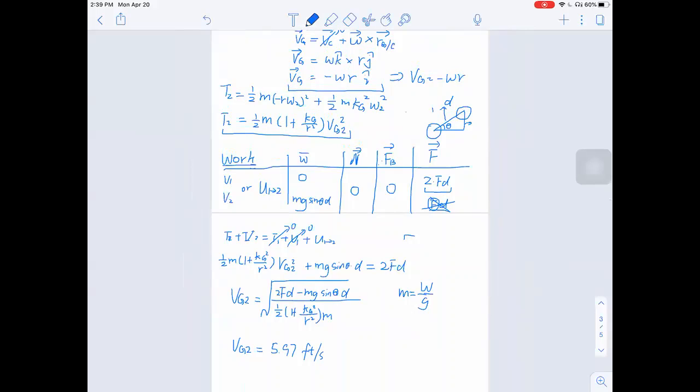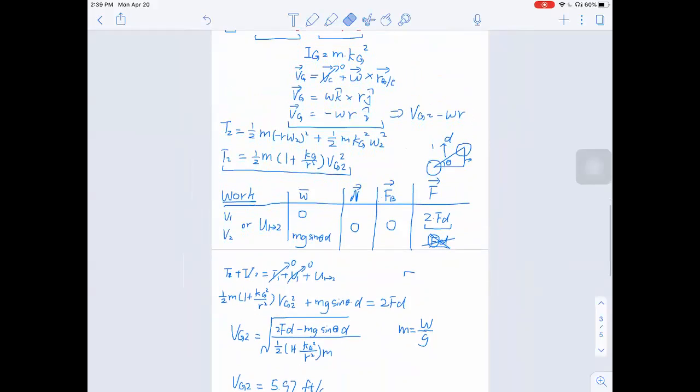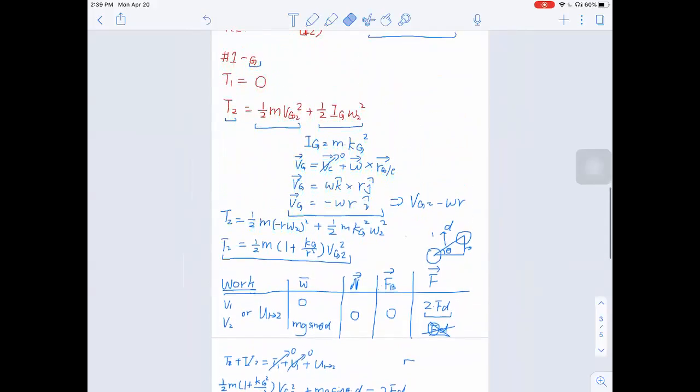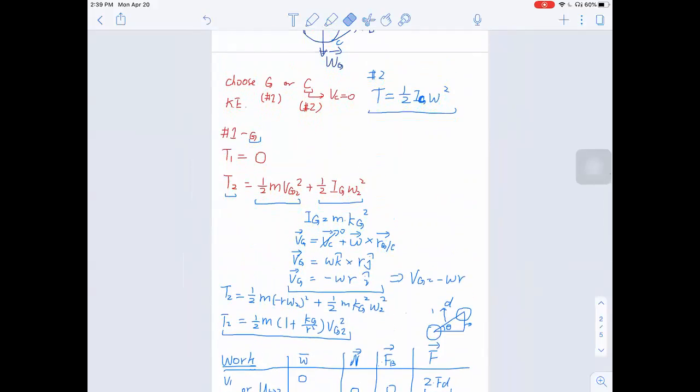So now you should be able to see the difference here in this chapter when you apply the work energy equation. I will highlight places that are totally different from chapter 4. One place is when you try to calculate kinetic energy.